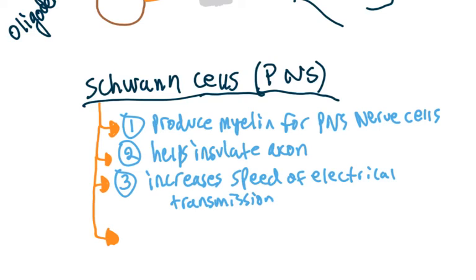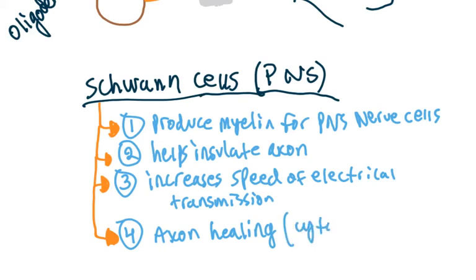So it can help in axon healing. So number 4 is that ultimately, our Schwann cells can help in axon healing or regeneration after it's been damaged, along with releasing inflammatory cytokines after that particular part of the axon has been damaged.